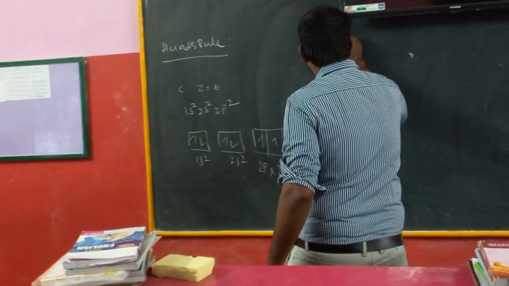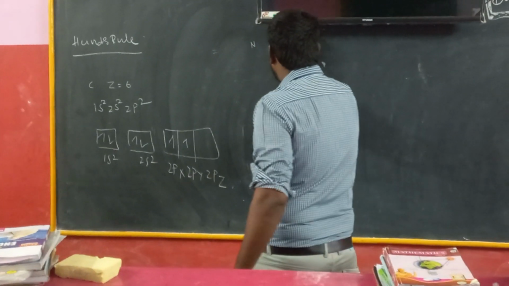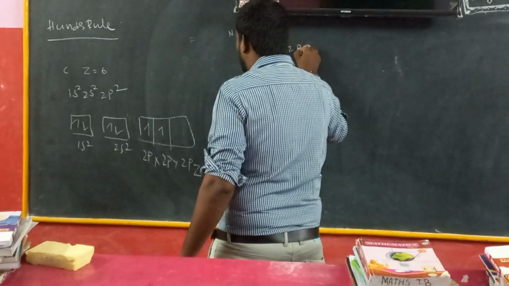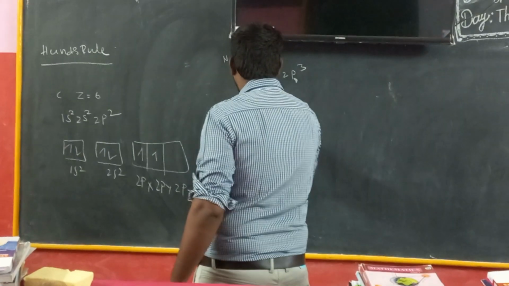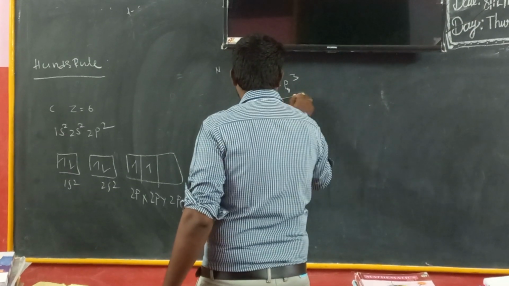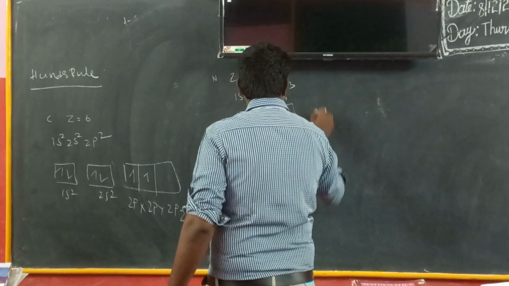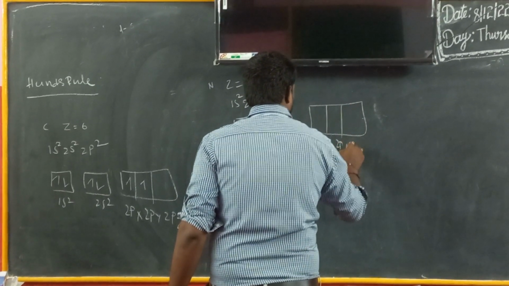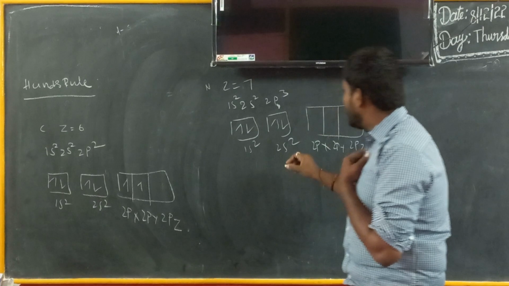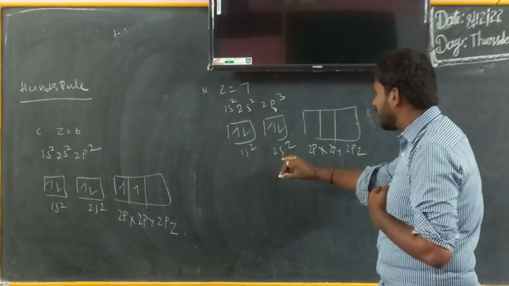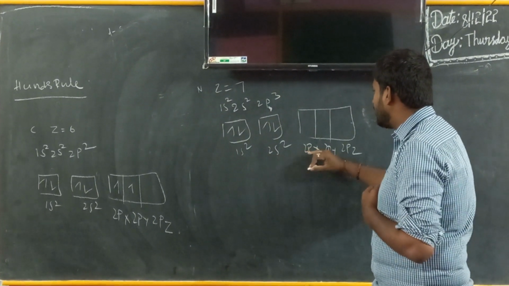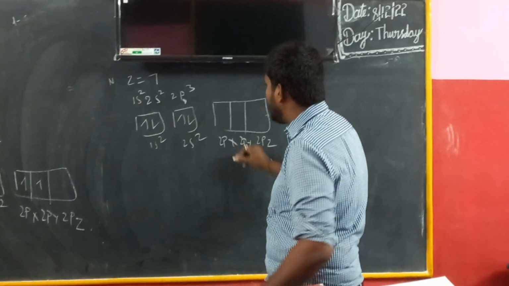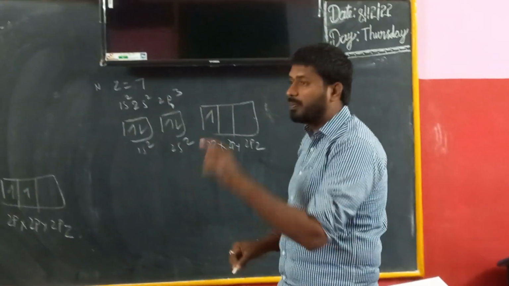Let us talk about nitrogen. The atomic number of nitrogen is 7 and the electronic configuration is 1s2, 2s2, 2p3, given by 2px, 2py and 2pz. See here, after 4 electrons are placed, 3 electrons are pending. The first electron goes into 2px as per Hund's rule.